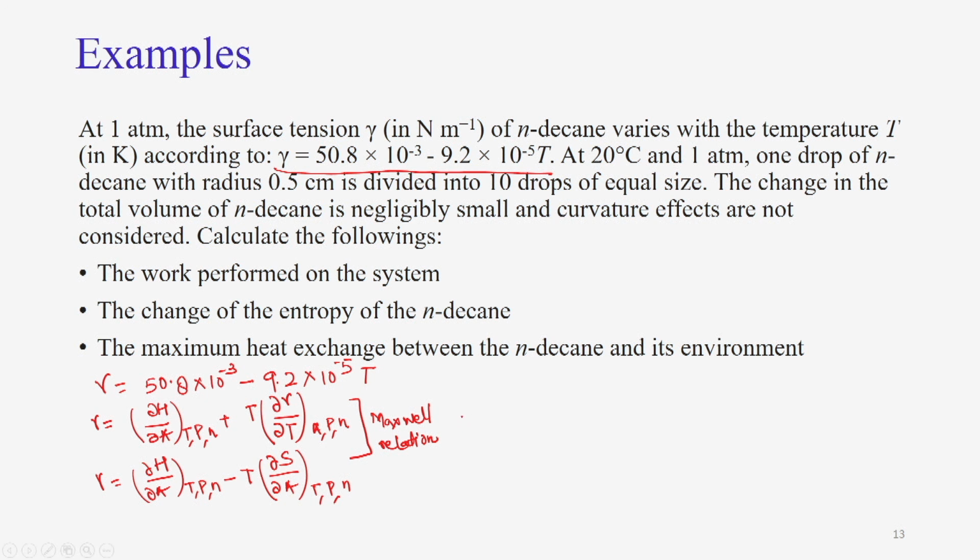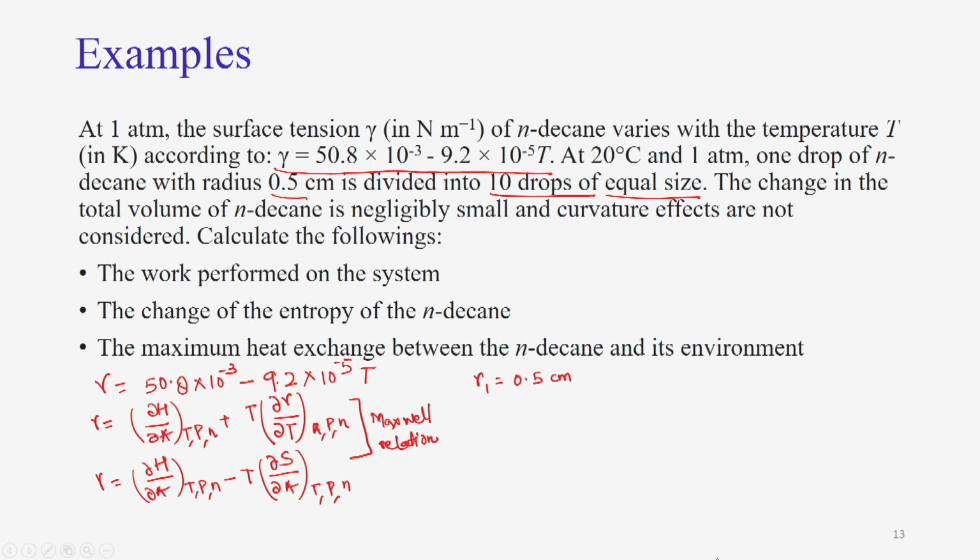Now, next it says, one drop of n-decane of radius R1 is 0.5 centimeter. It is divided into 10 small drops of equal size.